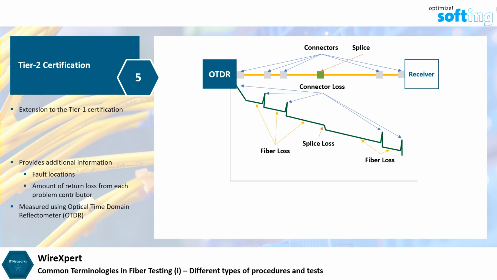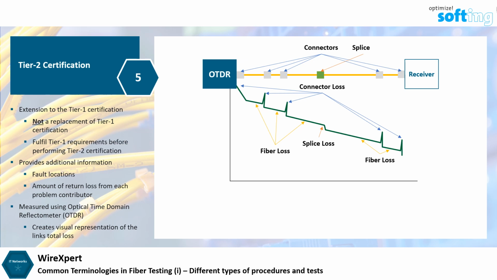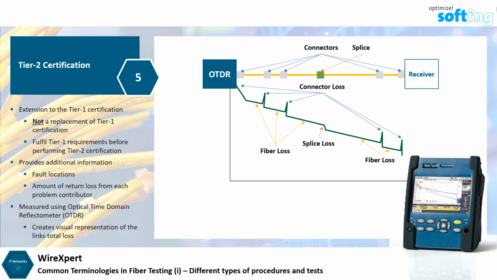The OTDR measures each individual component that makes up the entire cabling and creates a visual representation to the link's total loss. It is important to note that Tier 2 is not a replacement of Tier 1 certification. Tier 1 certification must first be performed. Ensure that loss budgets specified by the standards are met before performing a Tier 2 certification. An example of an OTDR is the Fiber Expert by Softing.